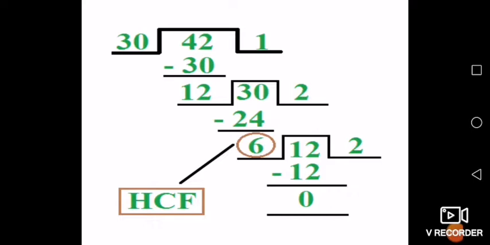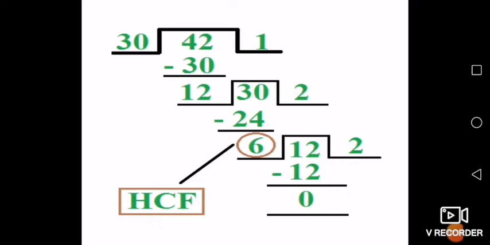Yes, that's correct. The HCF of 30 and 42 is 6. So this method is called the successive division method or continued division method for finding the HCF of two or more numbers.